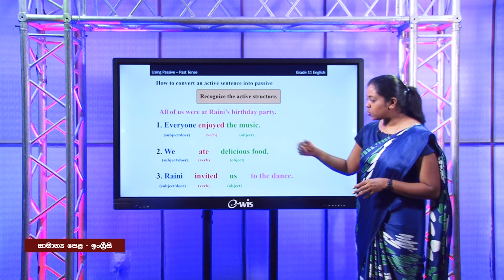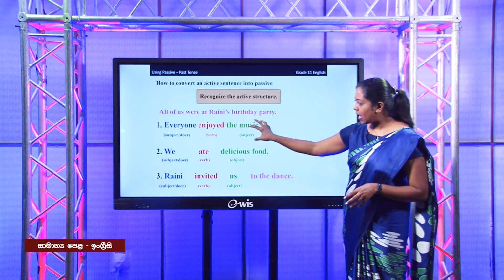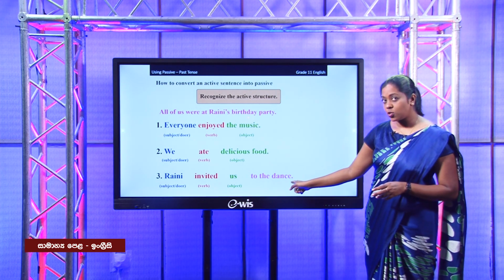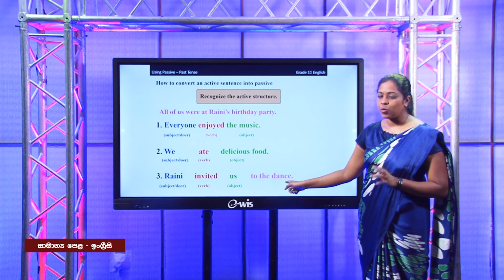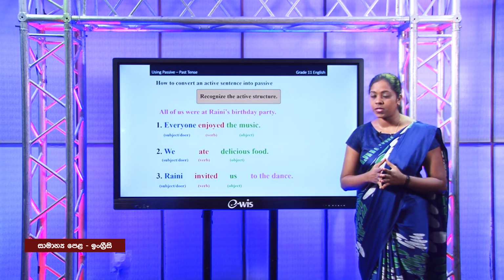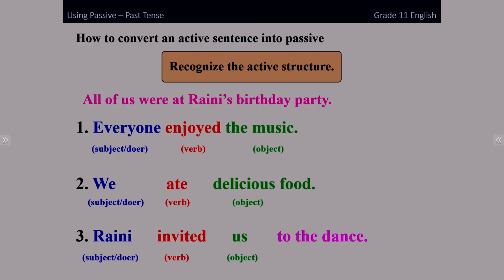In the first two sentences, it is the last word which is the object, whereas here it is not the last one. Okay, don't always think that the last word of the sentence is always the object. No, there can be additional information included just like that. So, you have to be clever enough to find out the object correctly, right?